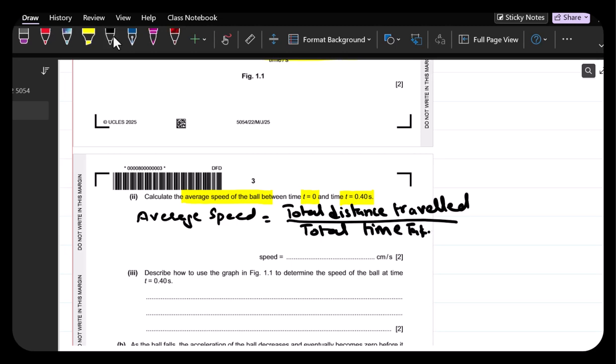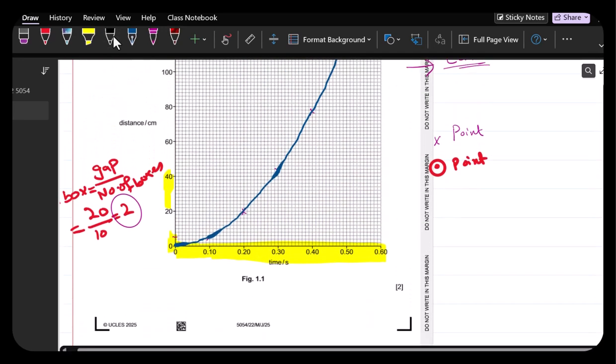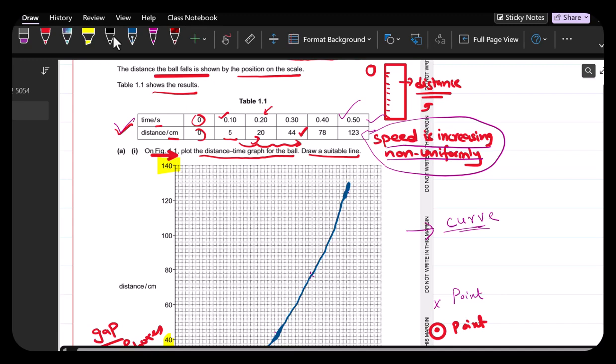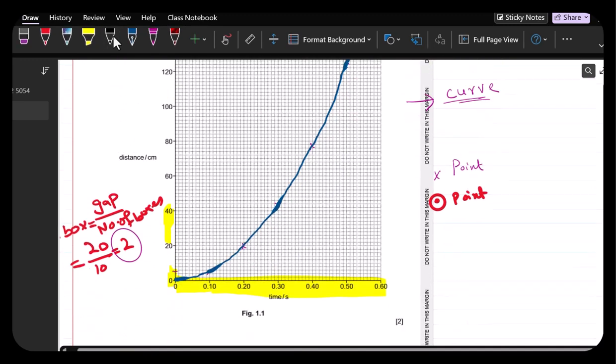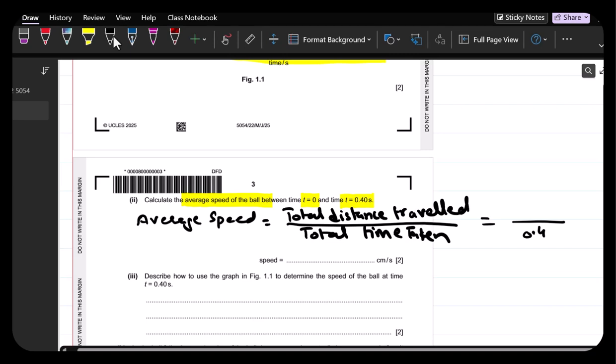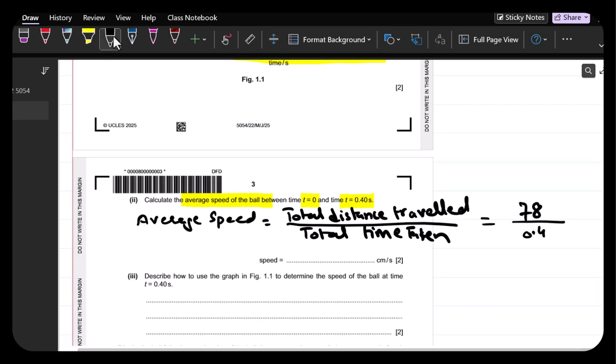So total time taken is 0.4 and total distance traveled you can see from the table is 78. So we are going to divide these two values. You will be getting the average speed. So let me calculate it.